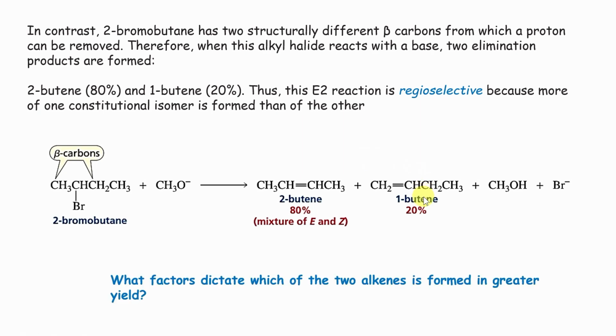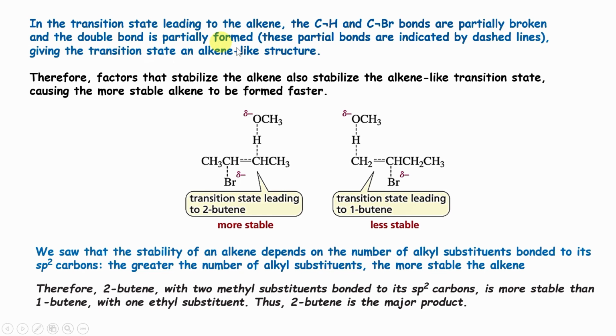See, what factor dictates which of the two alkenes is formed in greater yield, that can be discussed. In the transition state leading to the alkene, the carbon-hydrogen and carbon-bromine bonds, or carbon-halogen bonds, are partially broken and the double bond is partially formed.